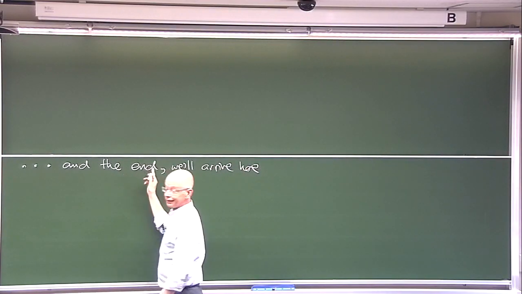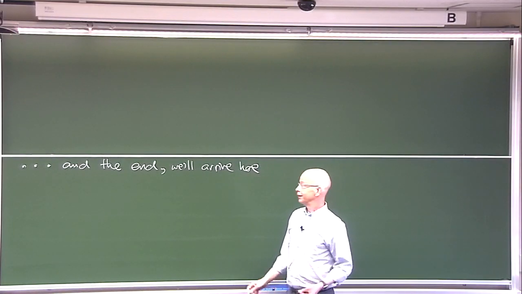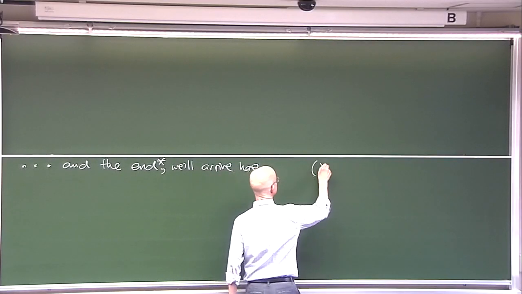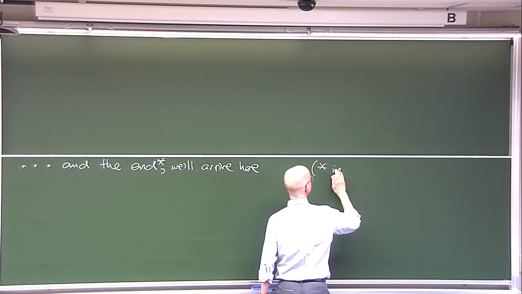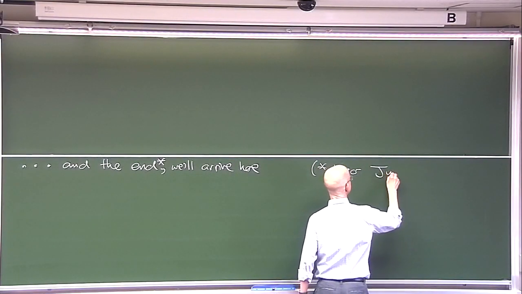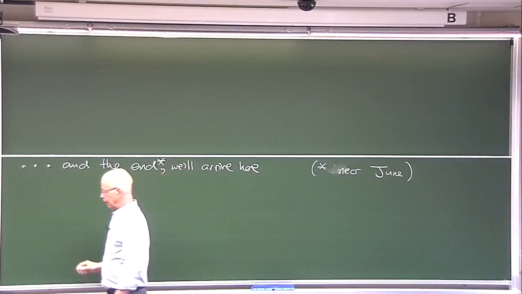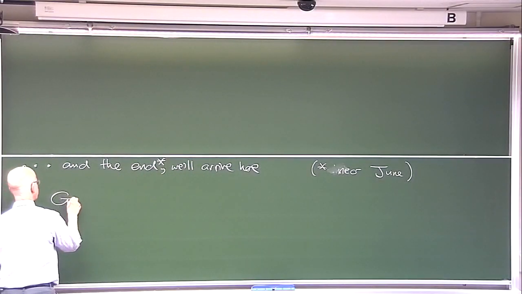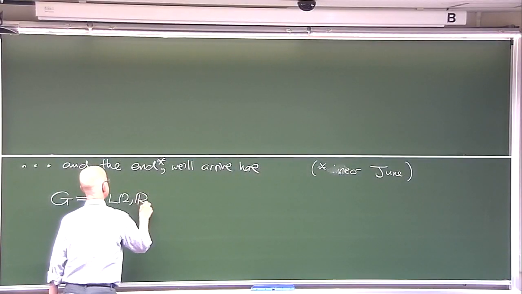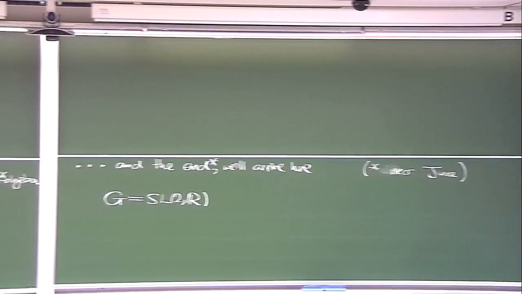So when I say the end, I mean not the end of today, I mean the end of all 8 lectures. So that will take us almost to June. And I'll illustrate where we'll end up with this example.